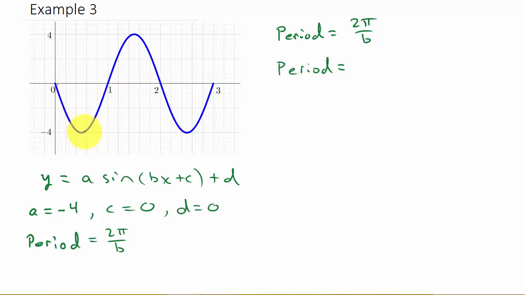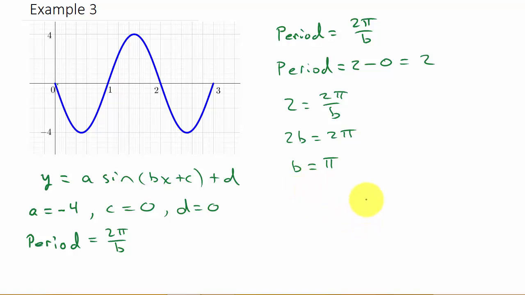That's where it makes one complete cycle, and then it just keeps repeating. So the period has a length of 2 units. We replace the period with 2, so 2 is equal to 2 pi over b. Solving for b, 2b is equal to 2 pi, so b is equal to pi.